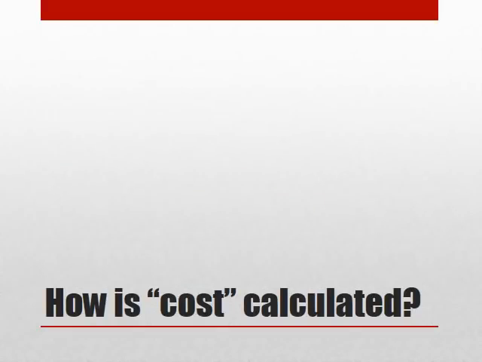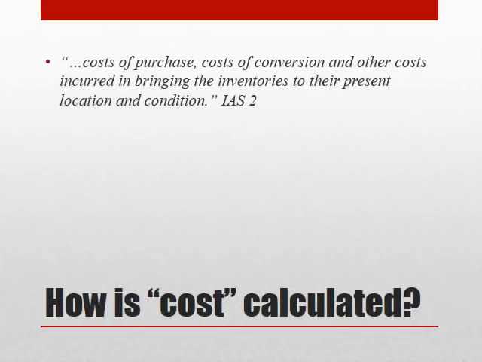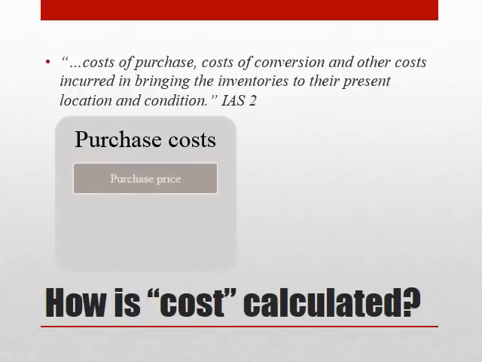Cost is more straightforward, and here this is something that you'll be much more familiar with. It's the cost of getting that item of stock to its current location and condition. So it's going to include purchase costs, things such as the purchase price itself, net of any discounts.